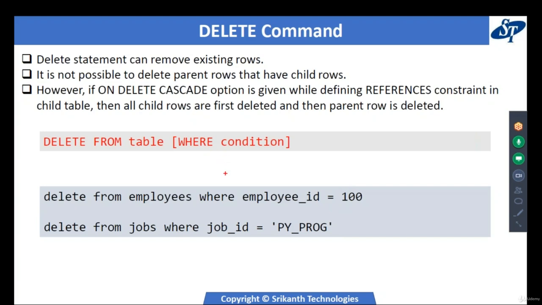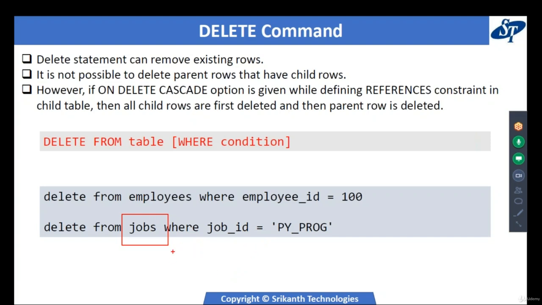But can we really delete all the rows, or any row can you delete, or are there any restrictions? Well, you cannot delete a parent row if there are child rows, and that's what the point is clearly mentioning. It's not possible to delete parent row if parent row is having child rows. I mean, I can't delete a job if some employees are doing this job.